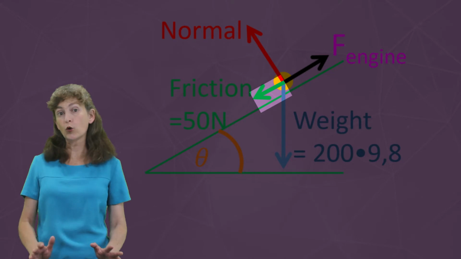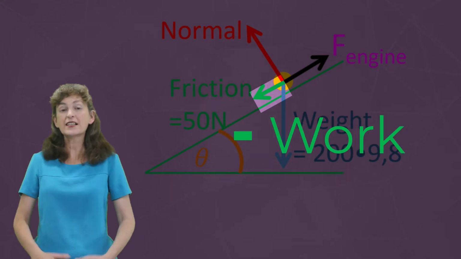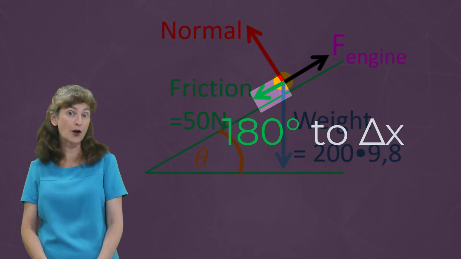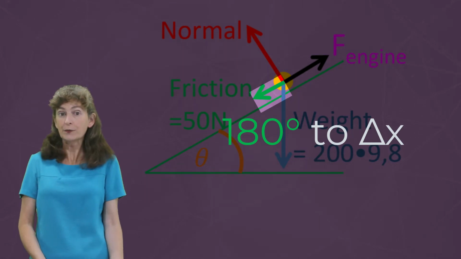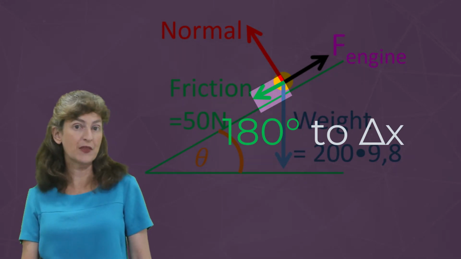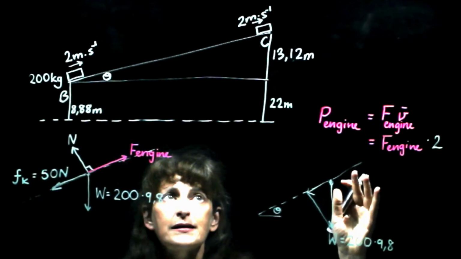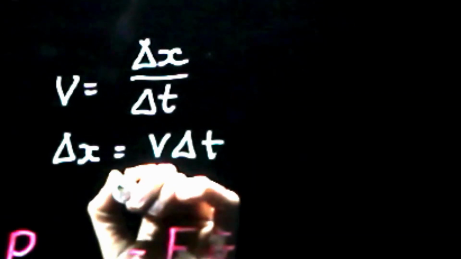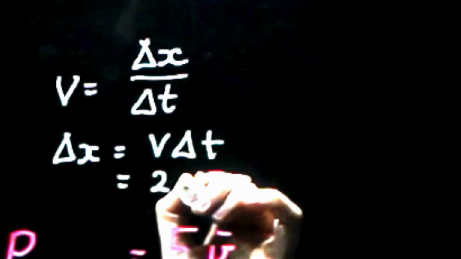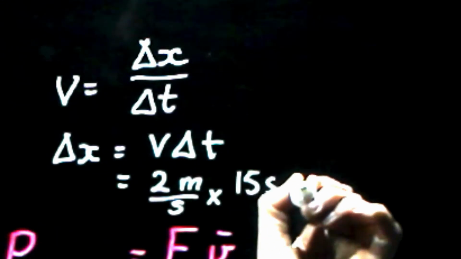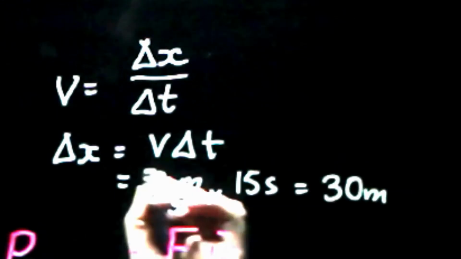Kinetic friction always does negative work because it always acts in the opposite direction to the displacement undergone. We see that here too. Friction acts down the slope as the car moves up the slope. Previously, we calculated the displacement that the car undergoes from B to C. Displacement equals velocity multiplied by time: 2 meters per second up the slope multiplied by 15 seconds equals 30 meters up the slope.